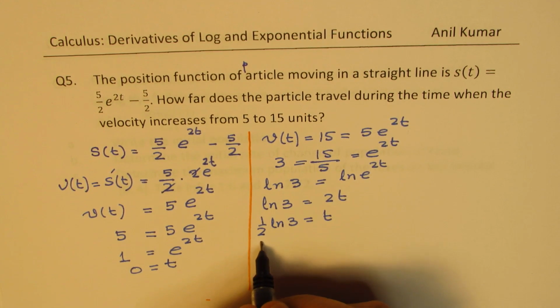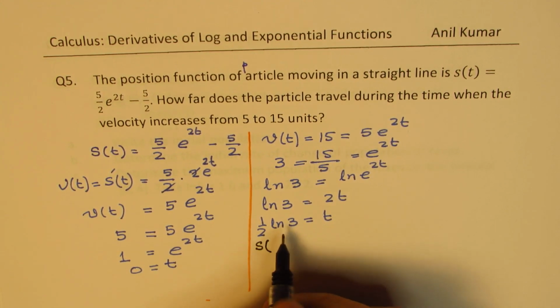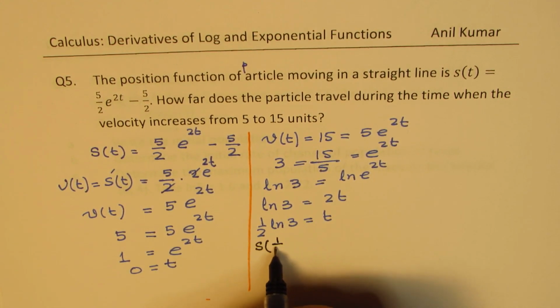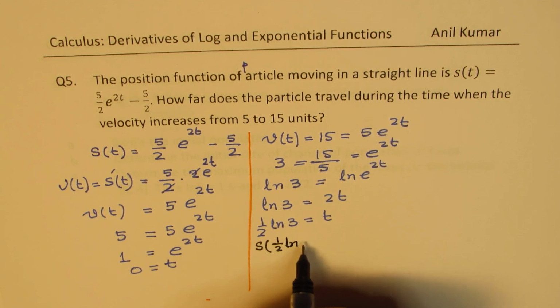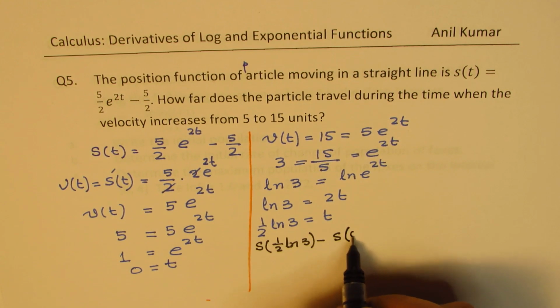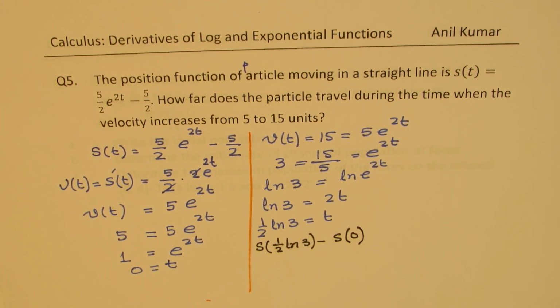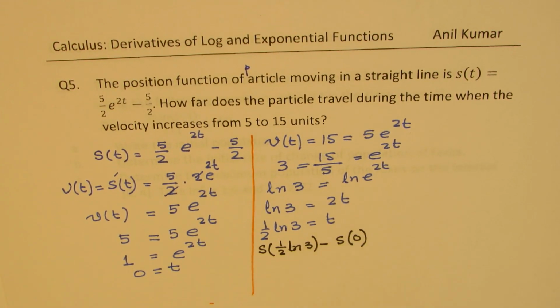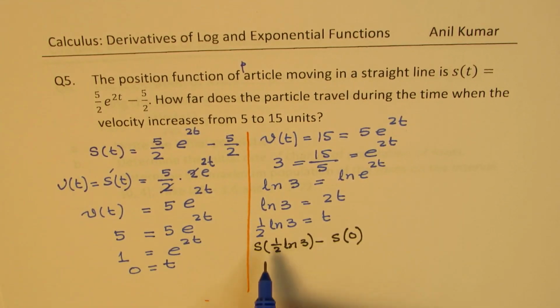So we need to find the difference between the displacement when the time was half ln 3, take away the displacement when it initially started. That's what we need to figure out. Okay, so let's find these displacements.